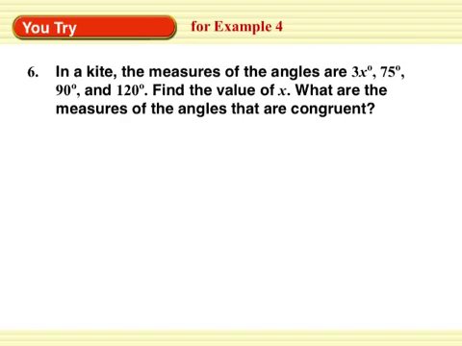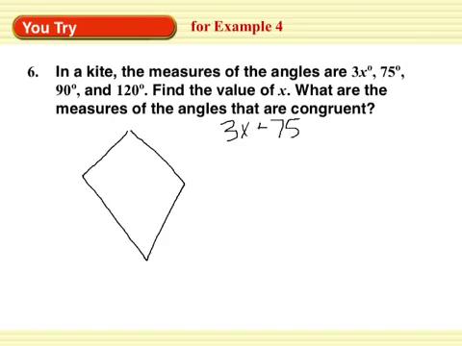Okay, you try. In a kite, the measures of the angles are 3x, 75, 90, and 120. Find the value of x. What are the measures of the angles that are congruent? Okay, I do know that if I add them all up, I'm going to set it equal to 360.